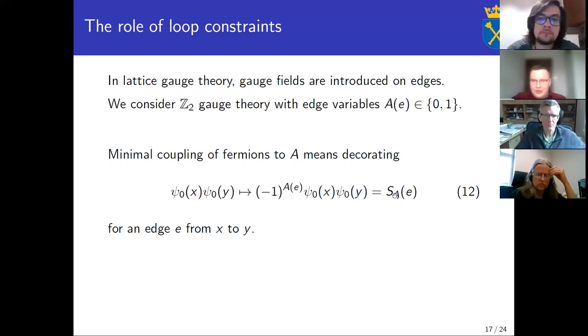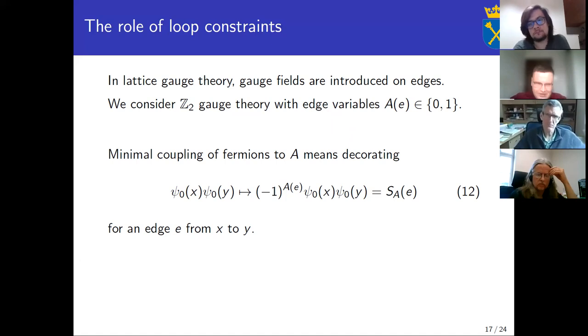So the new Hamiltonian is expressed in terms of these new operators, which I call S with the subscript A. It's just the same expression, but instead of S's, we use S_A's. So therefore, we introduce these new generators in the algebra.